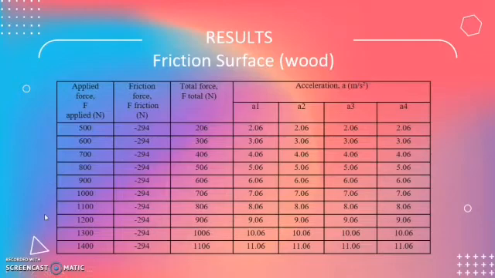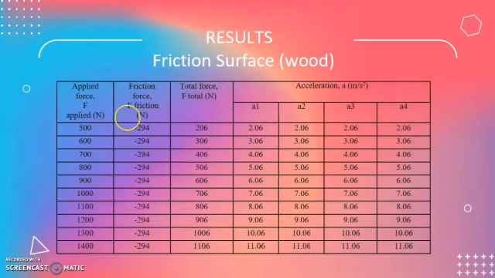Next, we will be moving on to the friction surface, which is wood. We use the same amount of applied force, which is 500 Newton until 1400 Newton. The friction force of wood is equal to negative 294. As you can see here in this table, the total force is equal to the applied force plus the friction force.